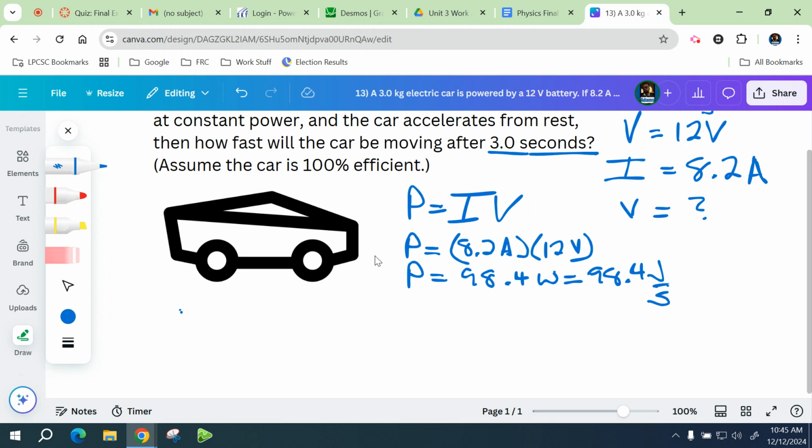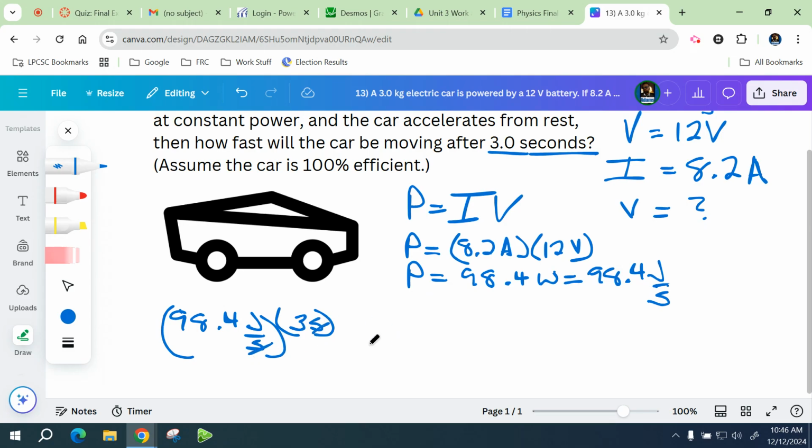It tells us it's going to be moving for 3 seconds. So if we wanted to figure out the energy of the car in those 3 seconds, we take the 98.4 joules per second and multiply it by 3 seconds.